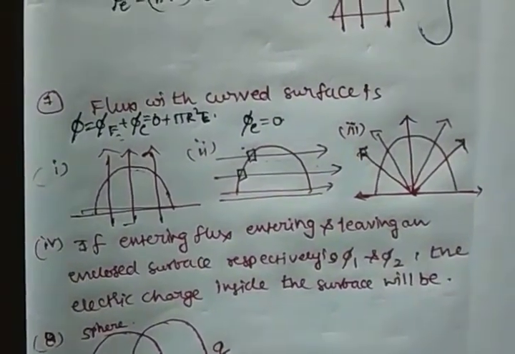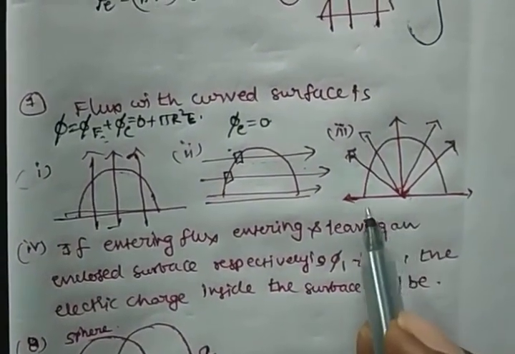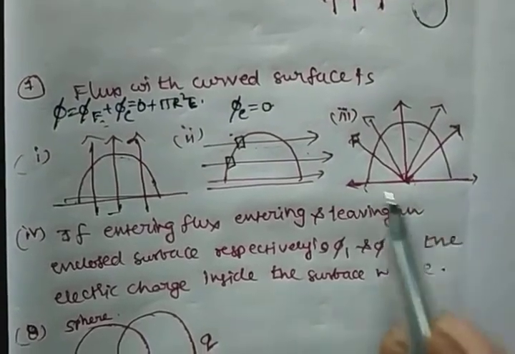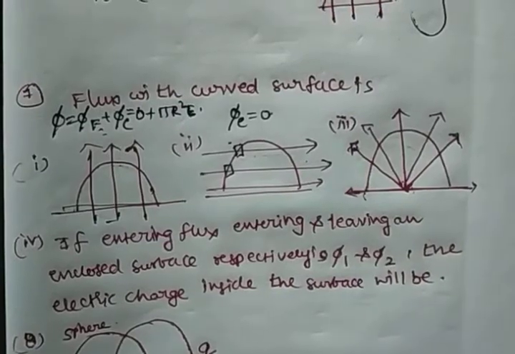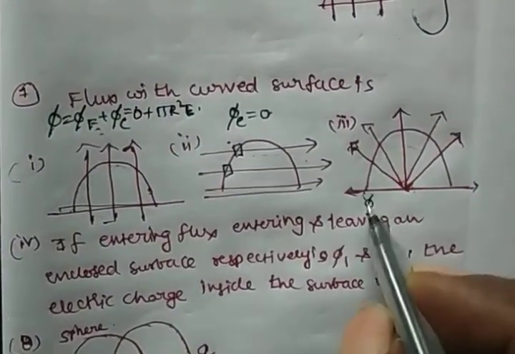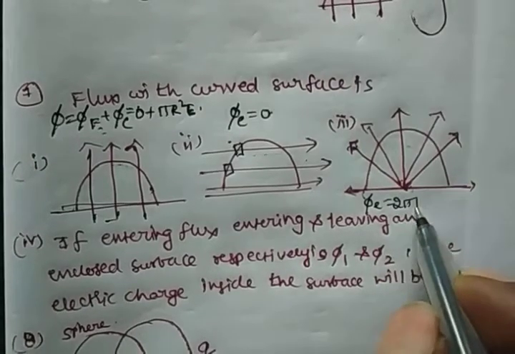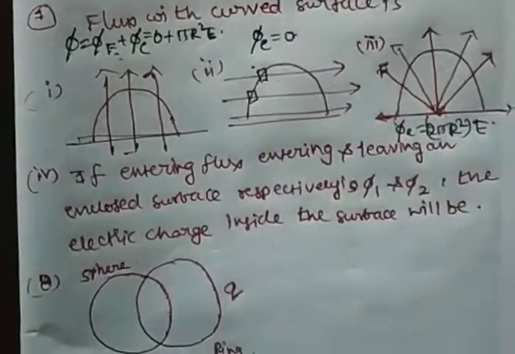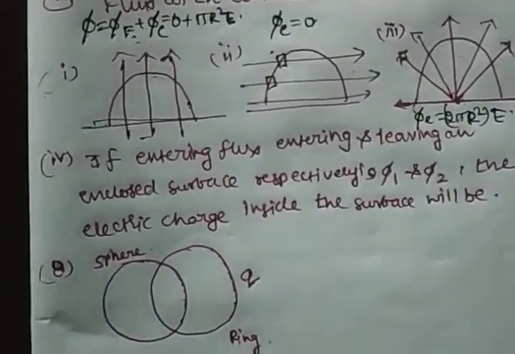For this curved surface, which is in the form of a hemisphere: for a spherical surface the area is 4 pi r square, so for this hemisphere it is 2 pi r square multiplied with E.